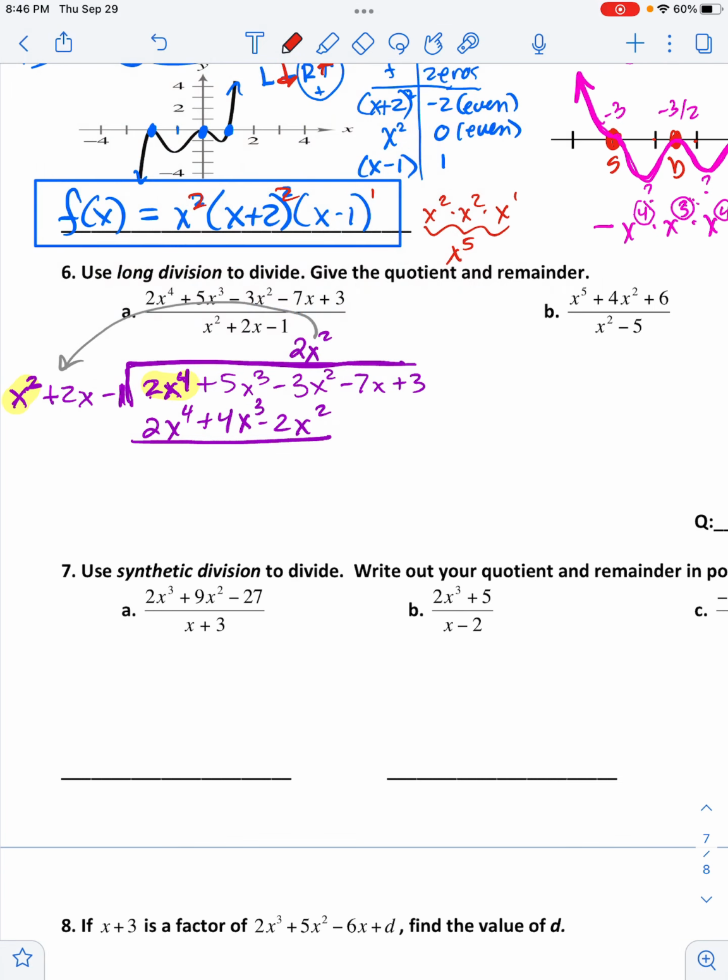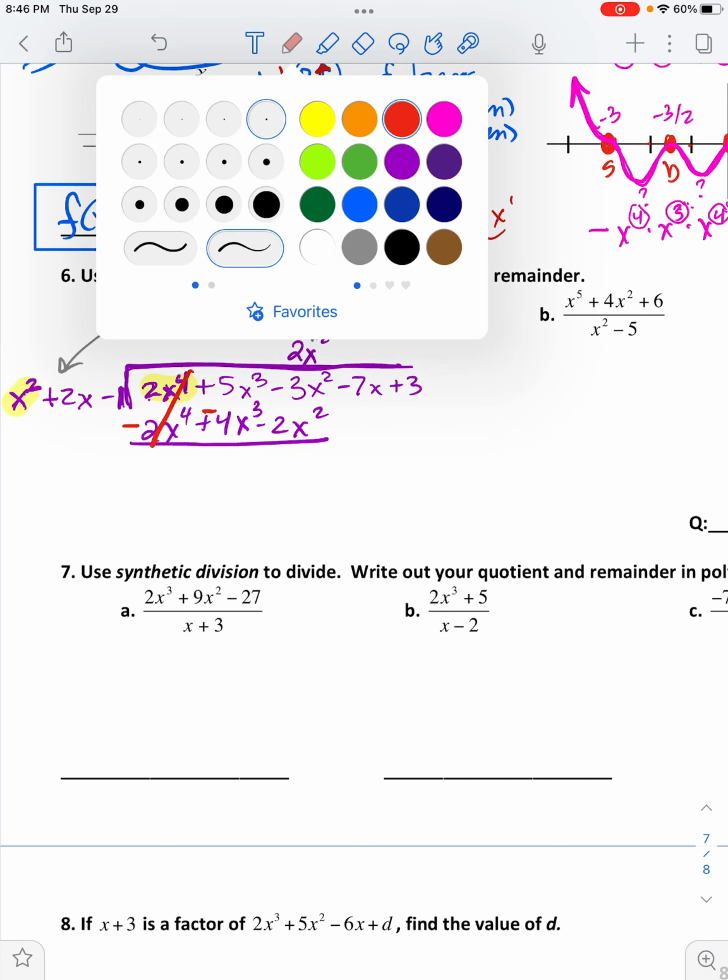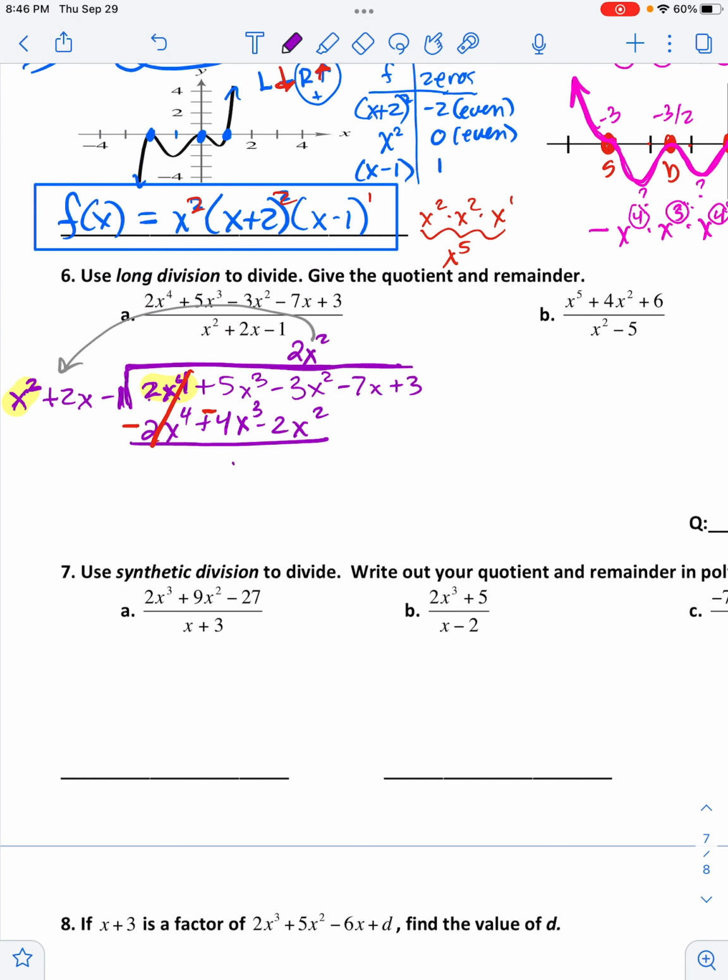So 2x to the 4th minus 2x to the 4th is gone as it should be. 5x to the 3rd minus, because I'm subtracting the bottom row, 4x to the 3rd is going to leave me with 1x to the 3rd.